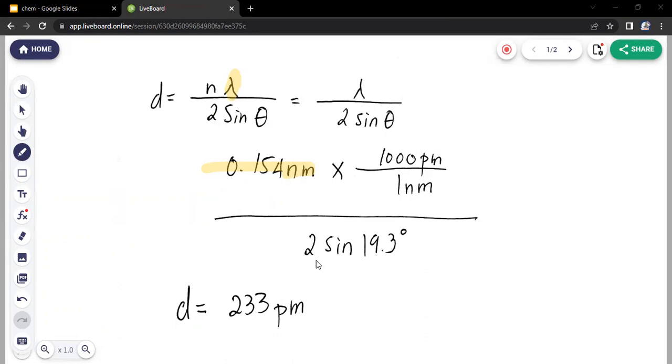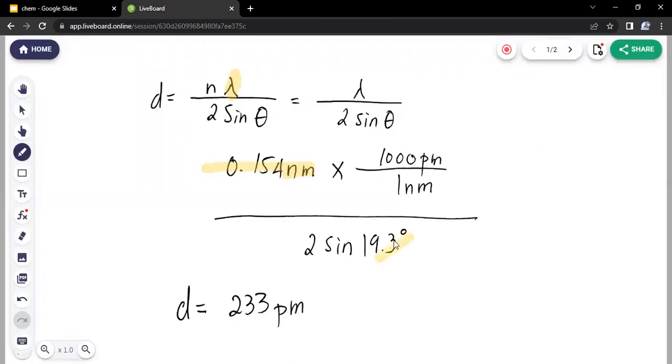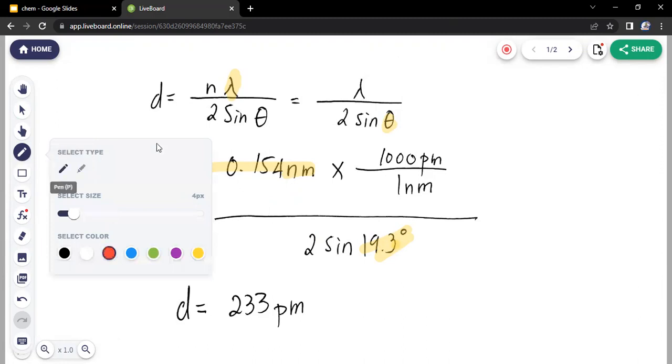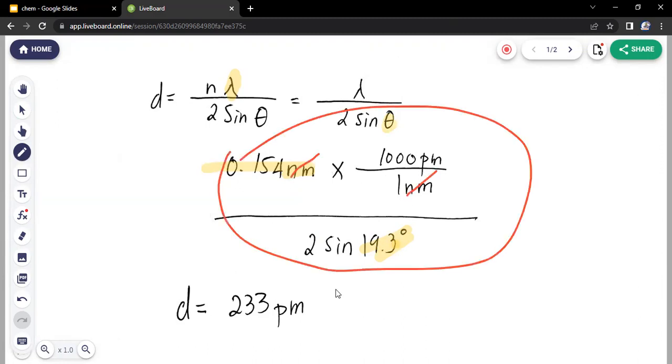Then 2 multiplied by sine theta, where theta is the degree of the reflected angle, which is 19.3 degrees. Then cancel nanometer and perform the operation. You will have a distance of 233 picometers.